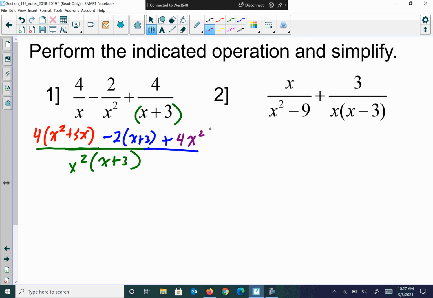First off, does everyone feel comfortable? This is the common denominator. So what I did is I looked at the first one and said, hey, I need to multiply the first one by x plus 3, which is the same thing as x squared plus 3x. Is that okay? Yes? Because I have to multiply this by x plus 3, I just made that x squared plus 3x.